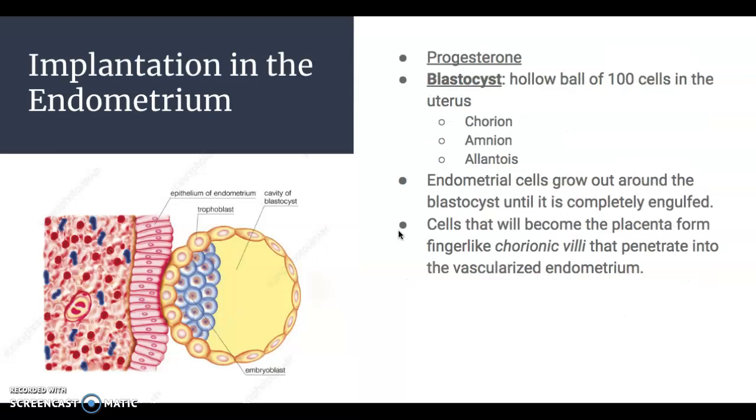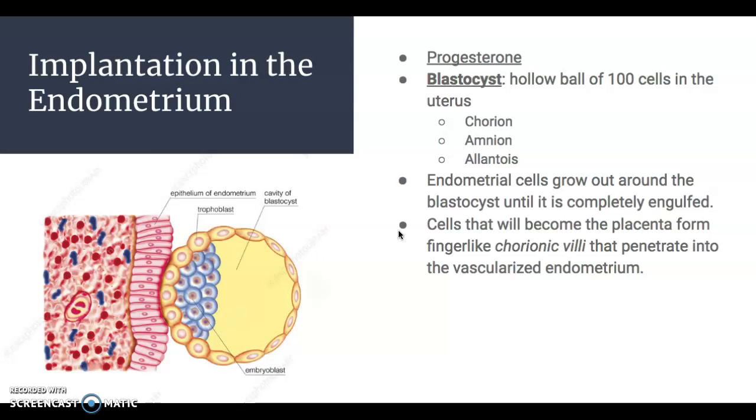So then we move into implantation in the endometrium. I thought this picture did a very good job showing the zygote implanting itself into the wall of the uterus. You can see all layers of the blastocyst and the cells of the epithelium.